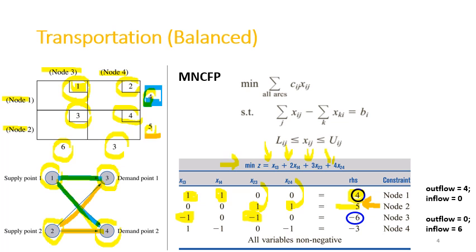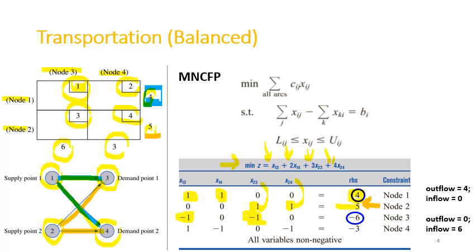Let me repeat. Because node 3 only receives flow from the other nodes, we put minus in front of the number ones here. So minus 1 times x13 because it receives from node 1, minus 1 times x23 because it receives from node 2, and then the net supply is minus 6.